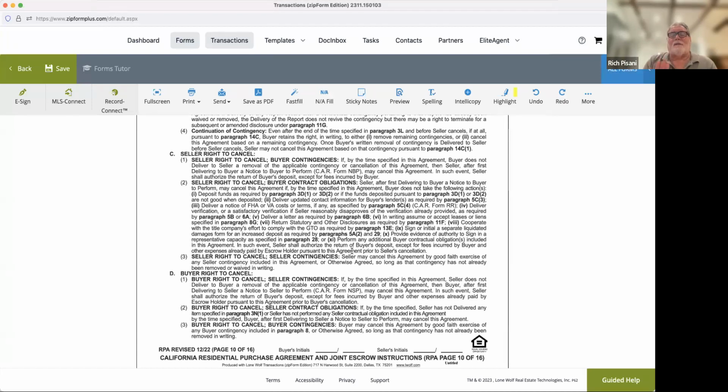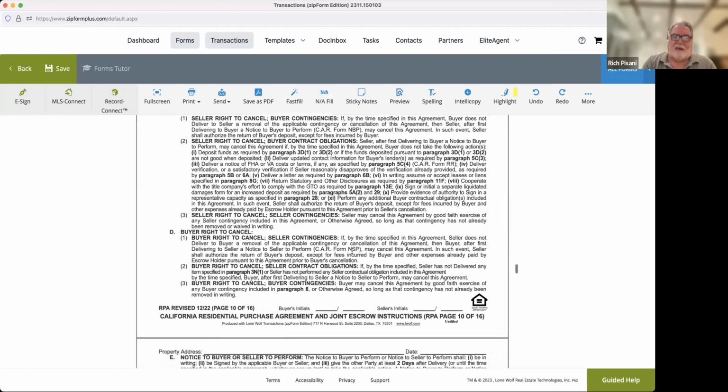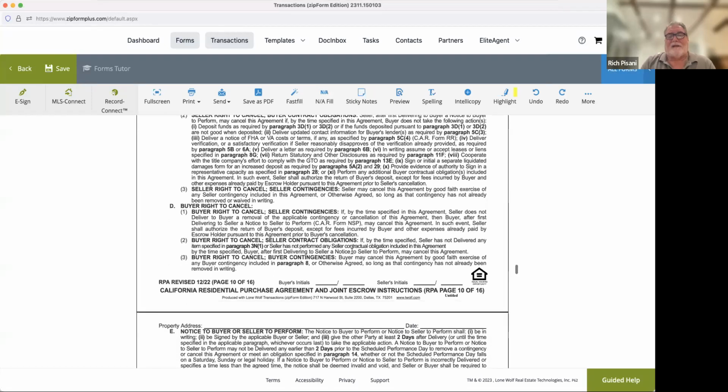So that's important to make sure that your seller knows that. Buyer's right to cancel, if there is a contingency in place and the buyer finds something they don't like, they can't get the loan and they still have the loan contingency, it doesn't appraise, they have the right to cancel from those.